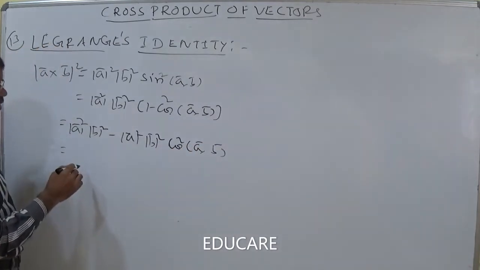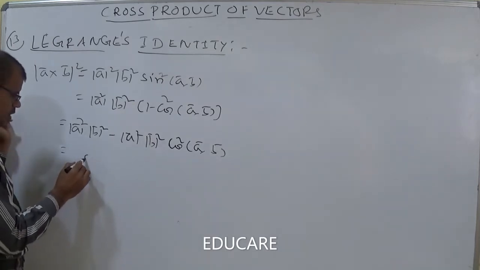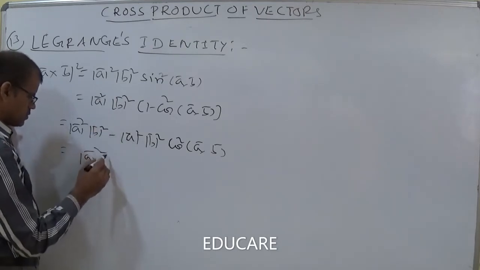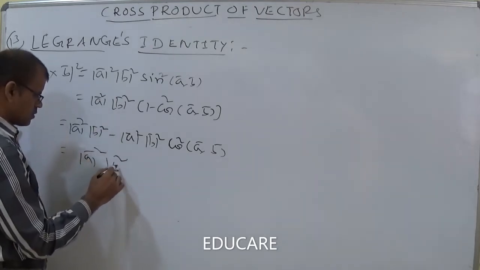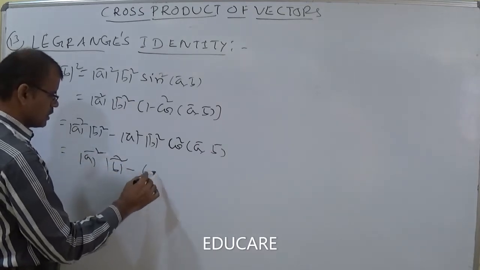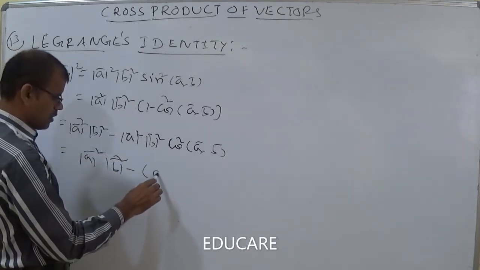So you can write mod A square into mod B square minus, you know the A bar dot B bar definition.